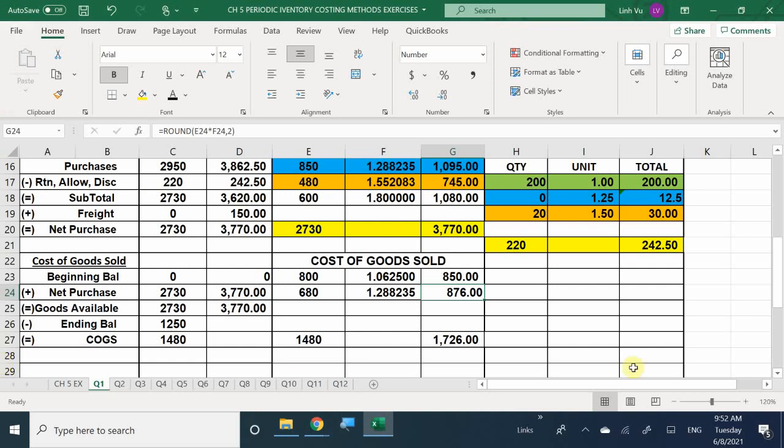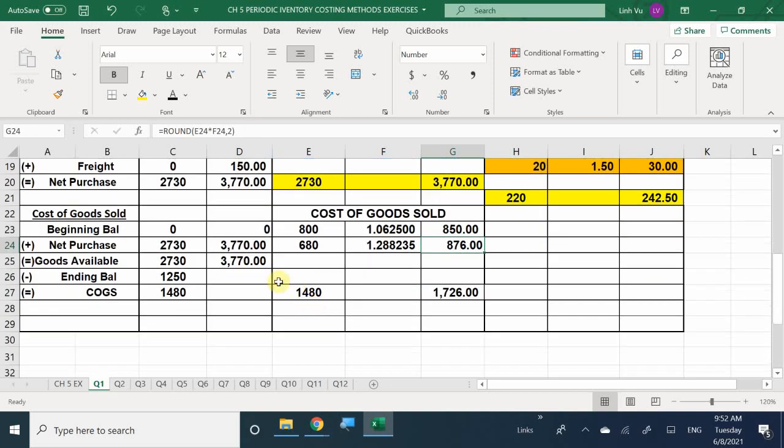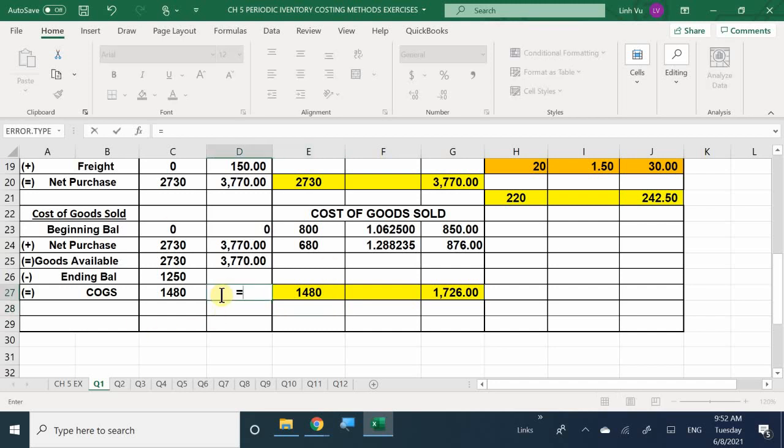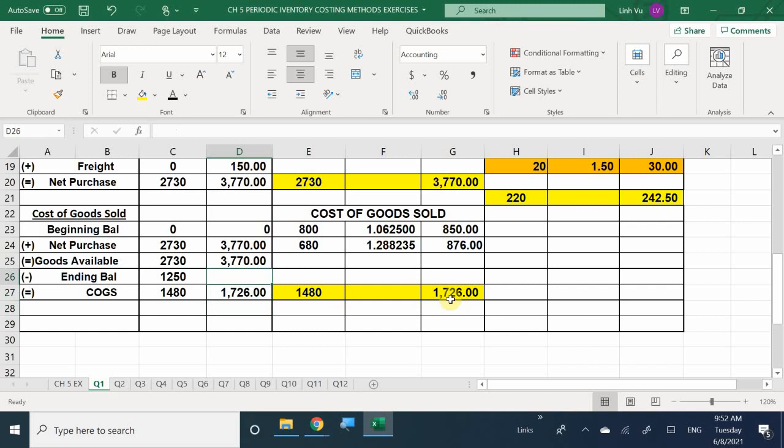So in this case, we sold a rounded number of $876. So right here tells me I've already calculated my cost of goods sold, right? So in grand total, for selling a total of 1480 toys, it cost me a total of $1726. All right. So then, what is my ending balance going to be?